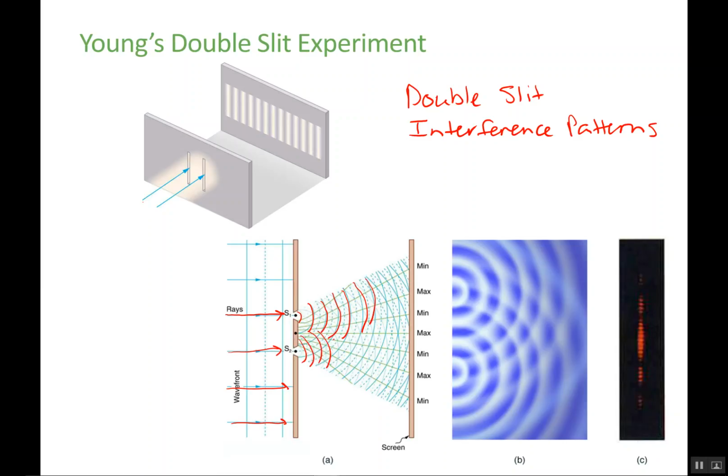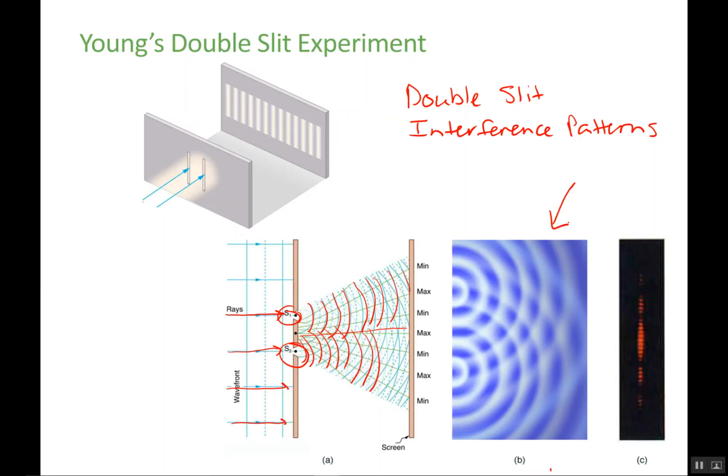And in essence, we can think of each of the slits as being a source of a new light wave that spreads out in all directions. And the waves emanating from one of the slits going downfield can interfere with the waves coming from the other slit. And you get an interference pattern.